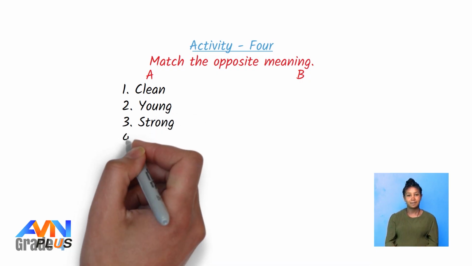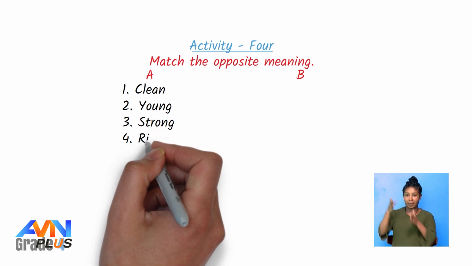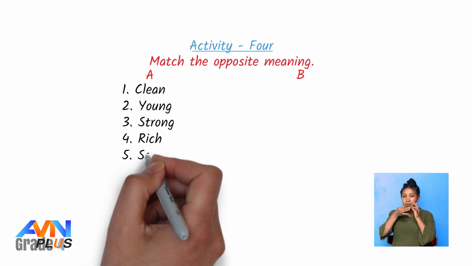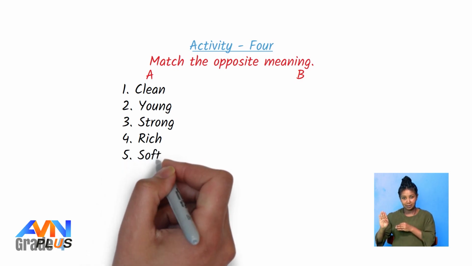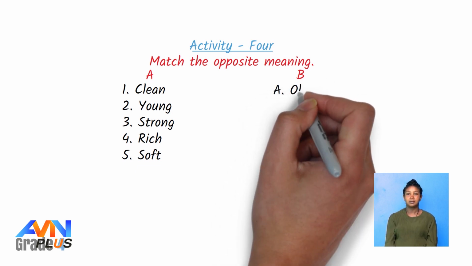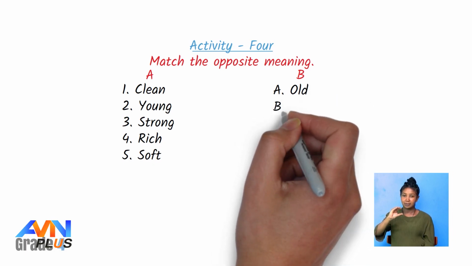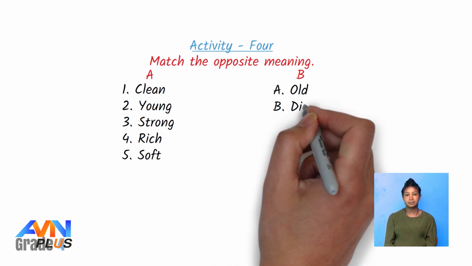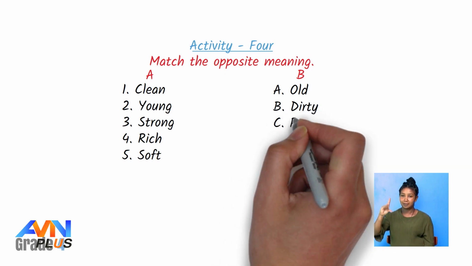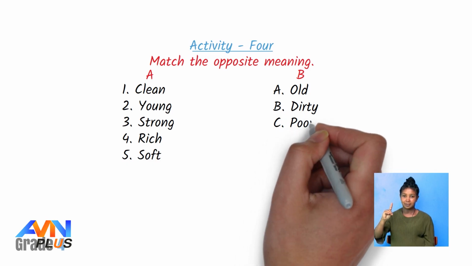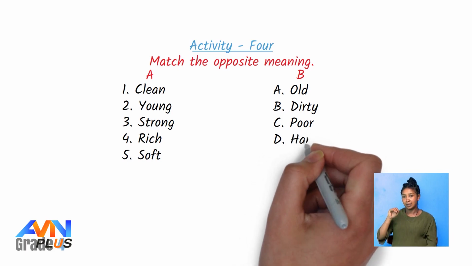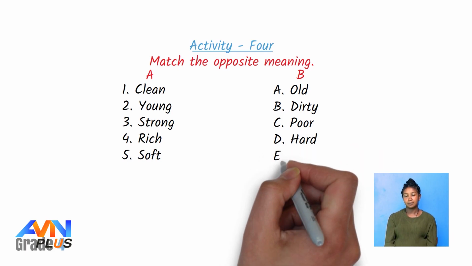Here is column B: A, old; B, dirty; C, poor; D, hard; E, weak.